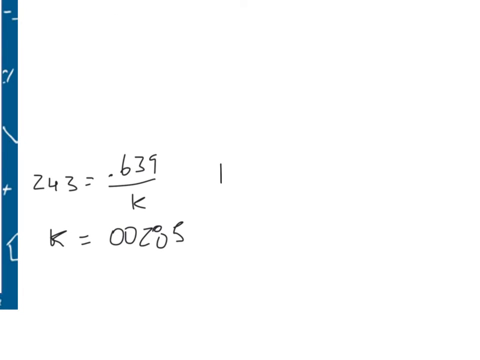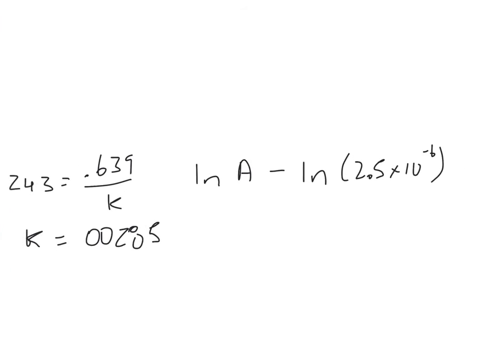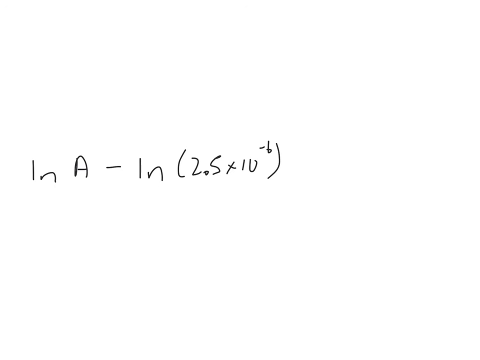So I'm looking for this amount. My initial amount was 2.5 times 10 to the negative sixth. That equals 0.00285 times 76.